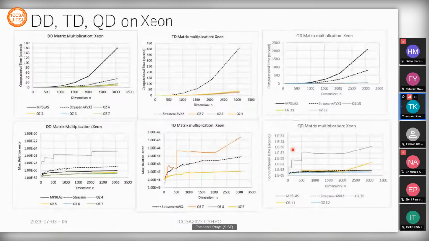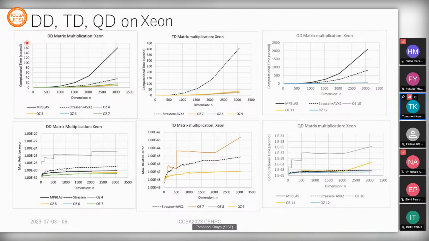Now, this slide shows the result obtained by a benchmark test for matrix multiplication with Strassen and Ozaki scheme, and also MPLUS real functions.